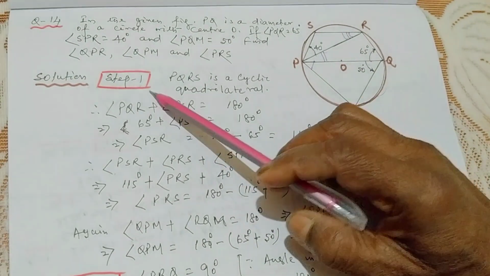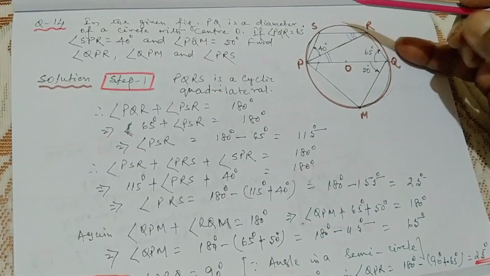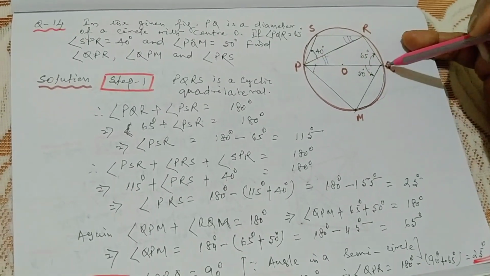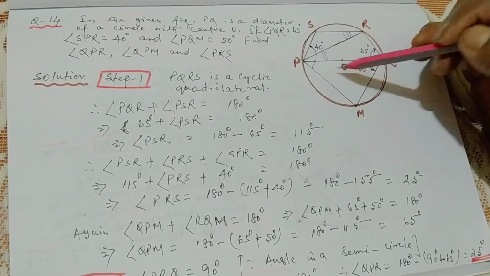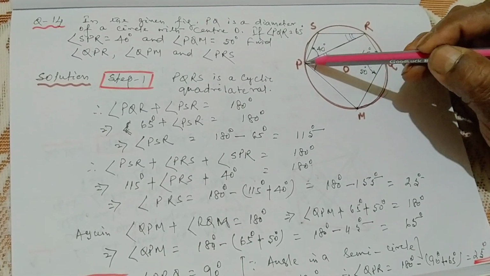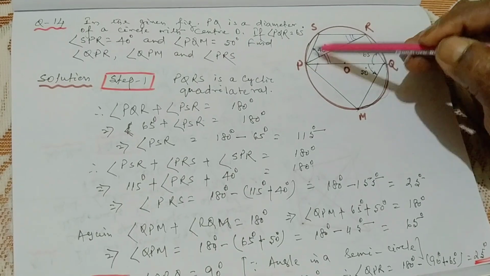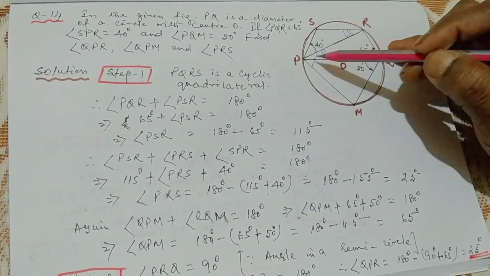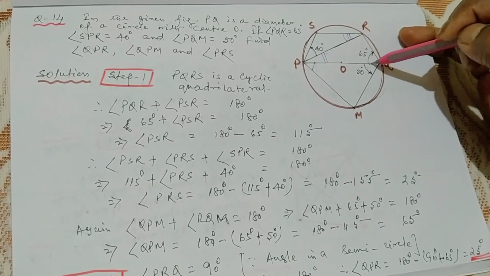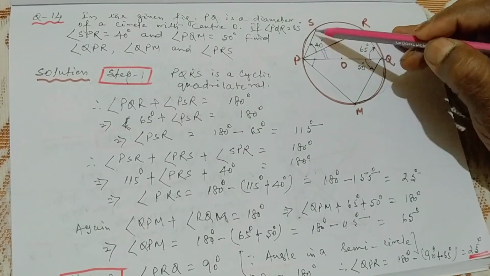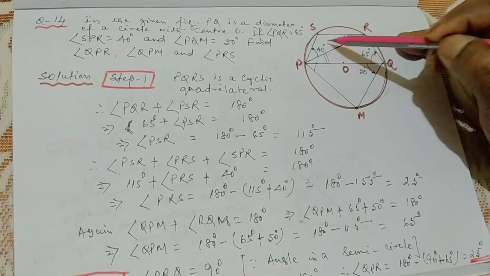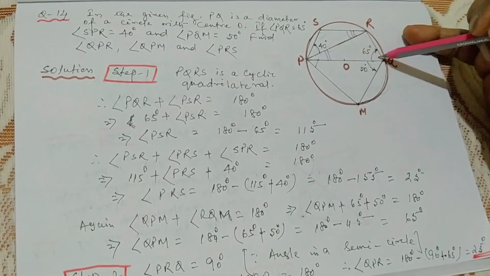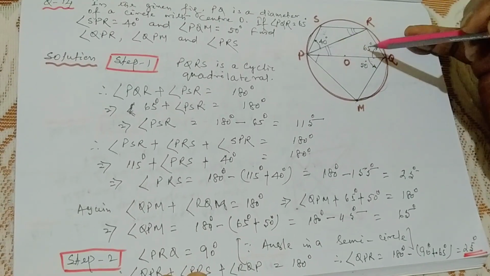Now, step 1, PQRS is a cyclic quadrilateral because the 4 vertices are on the circle. That is why it is a cyclic quadrilateral. Therefore, angle PQR plus angle PSR must be equal to 180 degree, because in a cyclic quadrilateral, the sum of the opposite angles is equal to 180 degree.